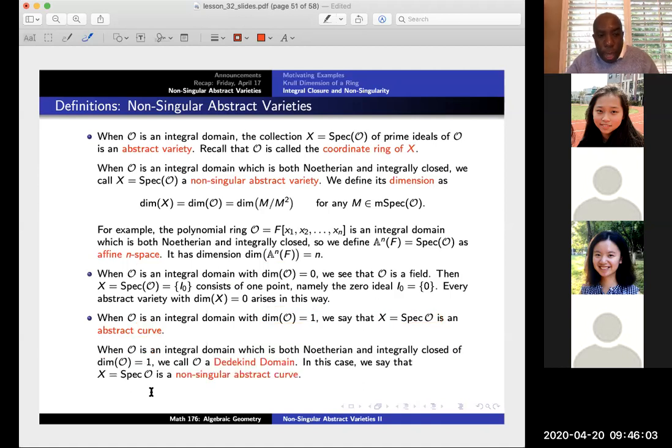And in fact, if we have an integral domain that is both Noetherian and integrally closed, then we call such a ring a Dedekind domain. So here's your formal definition of a Dedekind domain: an integral domain that is Noetherian, integrally closed, and has dimension 1. That's what we're calling a Dedekind domain. And in this case, we'll call spec of O a non-singular abstract curve.